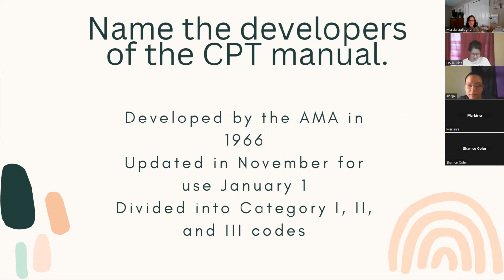So the update for the CPT happens every November, and it will be put into use as of January the 1st. The CPT manual is divided into 3 categories: Category 1, Category 2, and Category 3 codes. And we'll get into what each one of those mean.